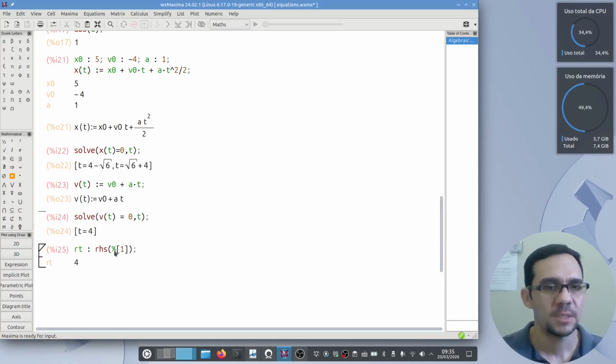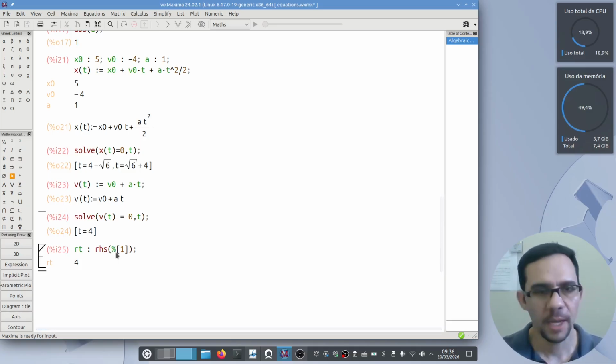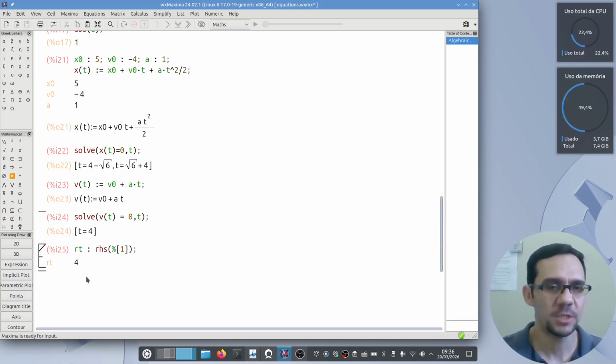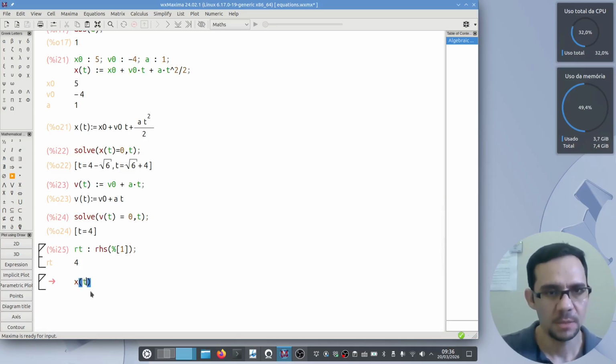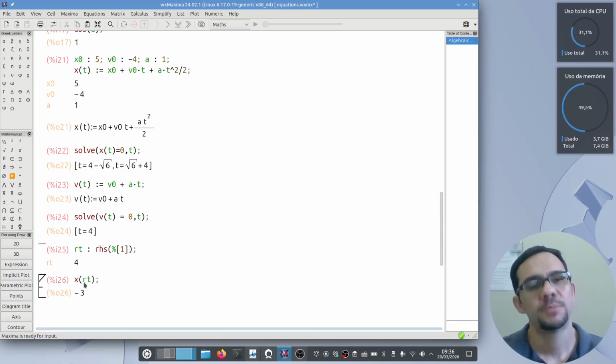So remember that this percent sign refers to the last Maxima output. We have also made a video about this. I'm going to give the card here, so it's interesting to know what this means. And now that we have the return time, we can find the return position by simply doing this. And the return position of the particle was this.